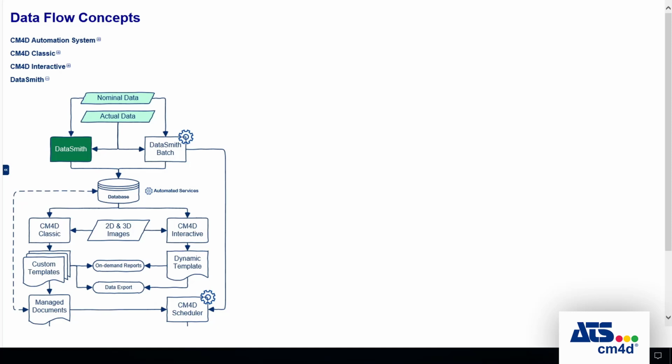But for this module, what we'll do is look at an example of a data file being loaded into DataSmith and having its nominal data and actual data scanned and loaded into the database.